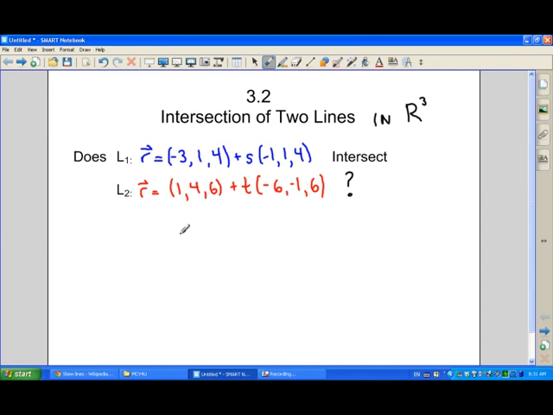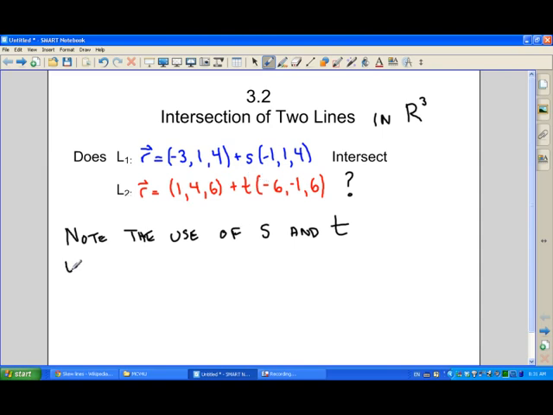When we're looking at this equation, we need to take a look at how we're using 2 different parameters with our direction vectors. So in line 1, I'm using the parameter s. In line 2, I'm using the parameter t.